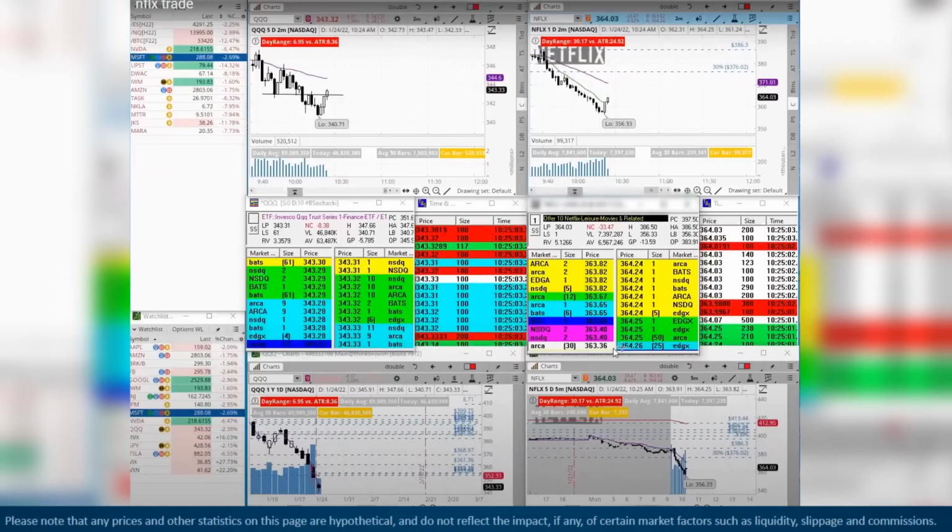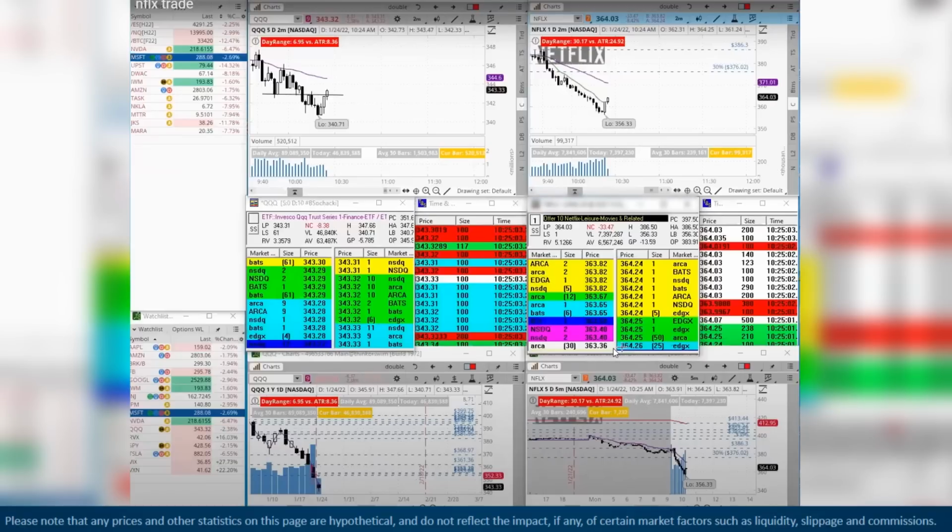You can see it took back that entire move. That's a 2 minute chart. So basically 8 minutes down and 4 minutes up. That's pretty good. Even before that, it was consolidating a bit. So 12 to 14 minutes, it made up in about 2 to 4 minutes, which is pretty fast.